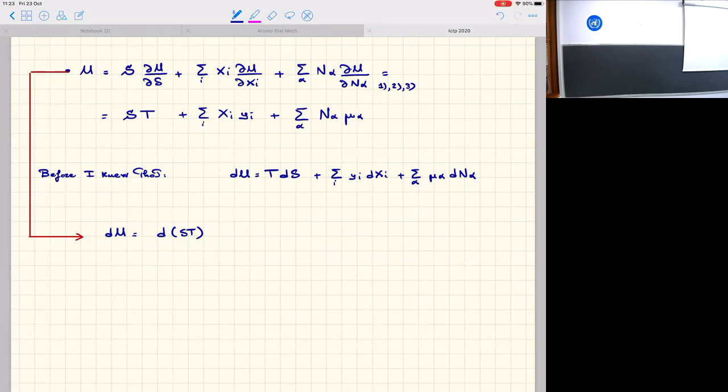It's not my fault, she was resisting differentiating. So anyway, plus the sum over i of dx_i y_i plus the sum over alpha of dn_alpha mu_alpha.